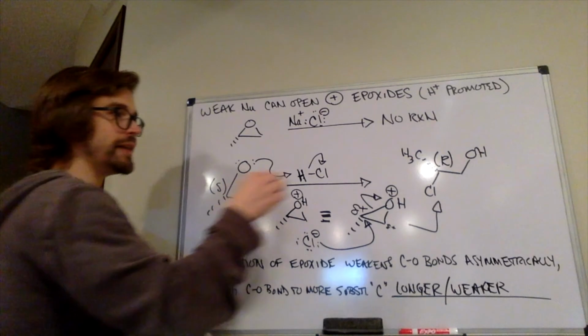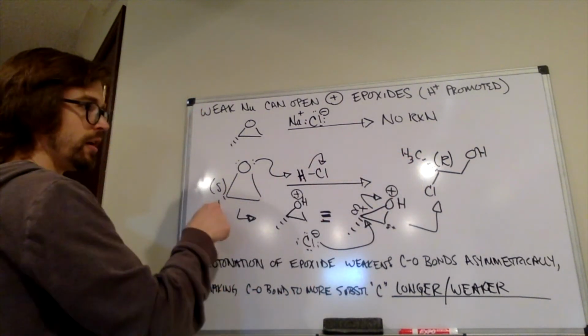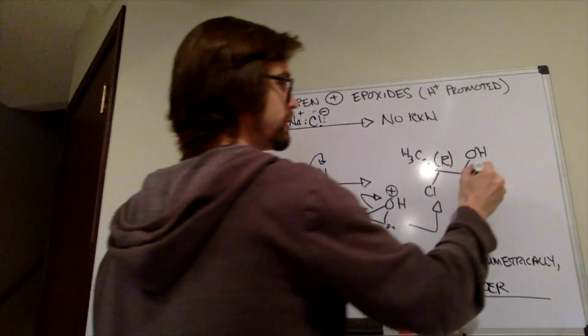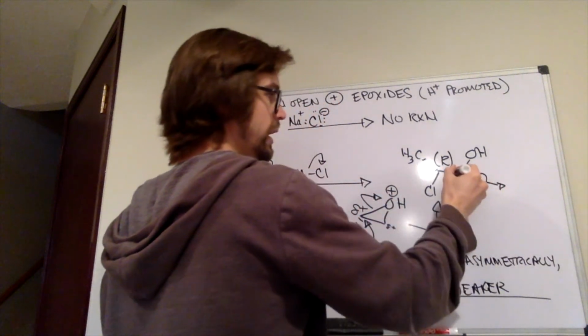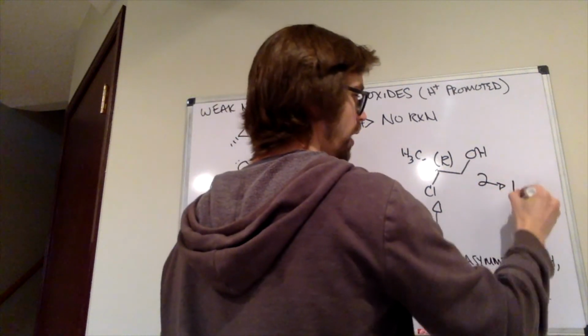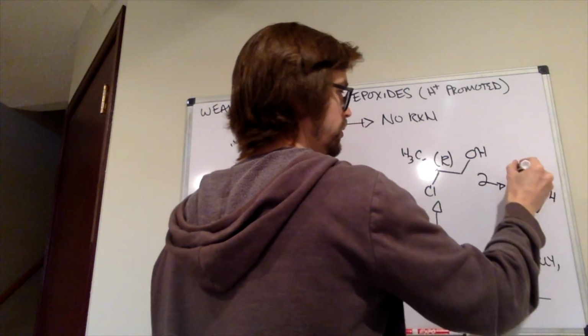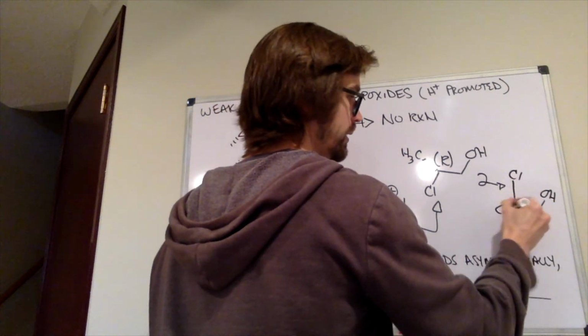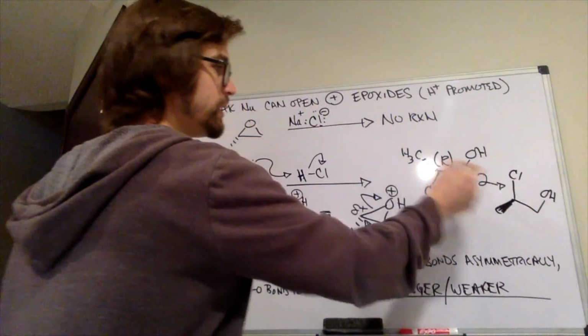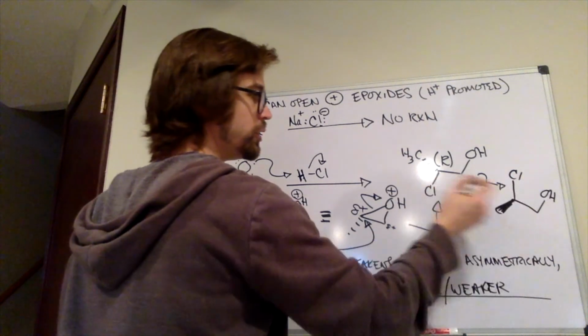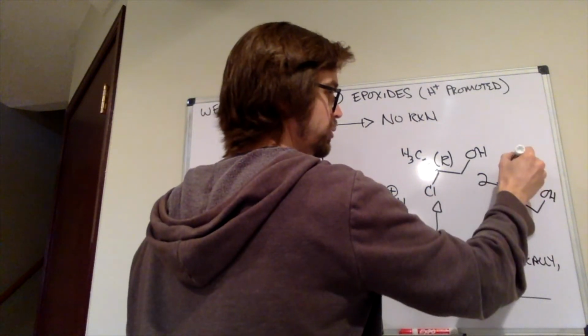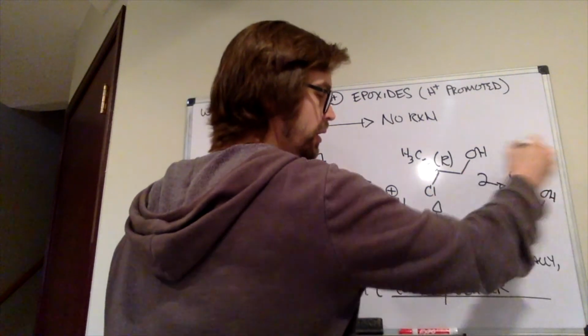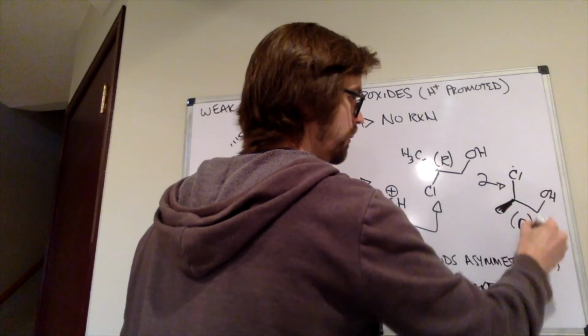So we went from S to R. Also, if we rotate around this bond right here, I'm just going to redraw the molecule. And you should do this yourselves to make sure you're getting this. These two are the same molecule. These two are the same molecule. And again, this would be the first priority, second priority, third priority. This would be R.